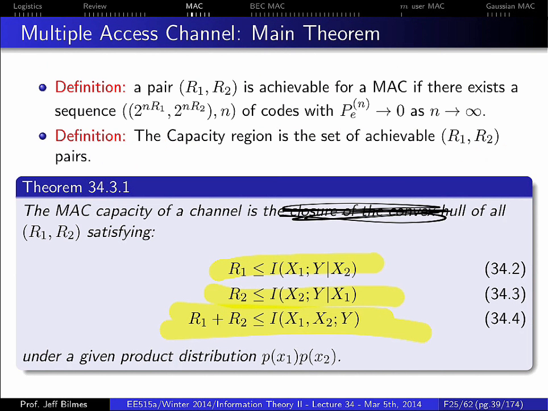Here, the question is where is that max? In some sense, what we're saying is it's all possible pairs of R1 and R2 that satisfy this. In the one-dimensional case, that would be equivalent to saying it's all rates such that the rate is less than or equal to the mutual information between x and y for some p of x. That would characterize the achievable region in the one-dimensional case too.